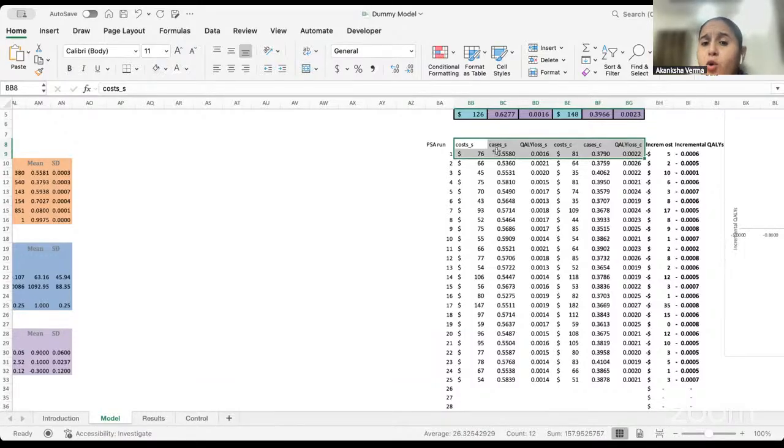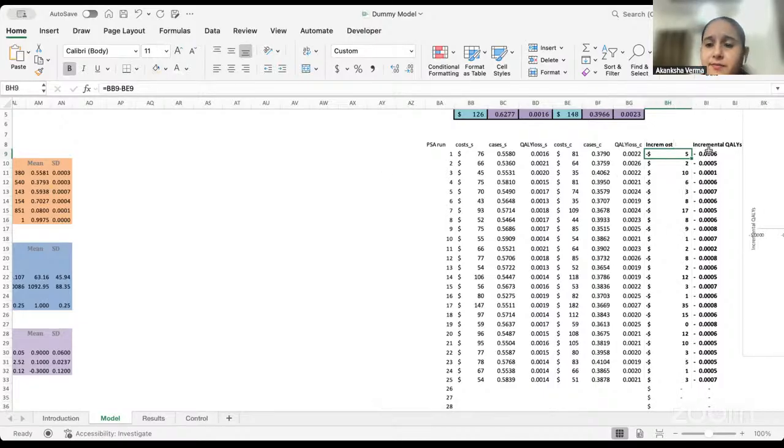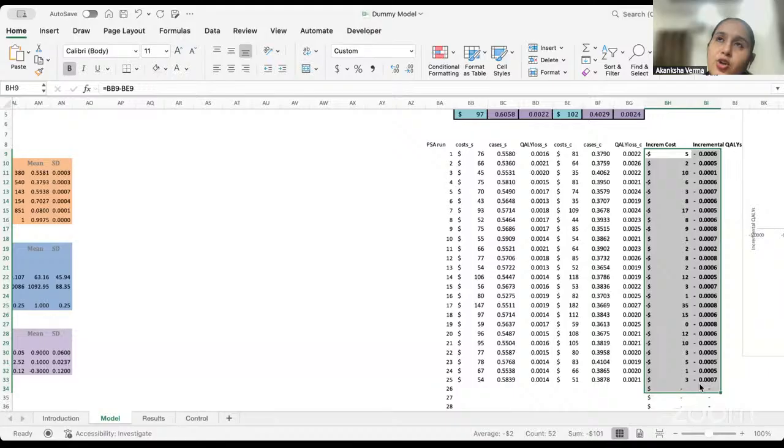Based on these results, I have calculated the incremental cost, and this is incremental QALYs. I have done this 25 times, but the number of simulations you mention in your code, the model will run PSA those number of times, 1,000, 10,000, to 80,000. It is based on the number of iterations you want to run.